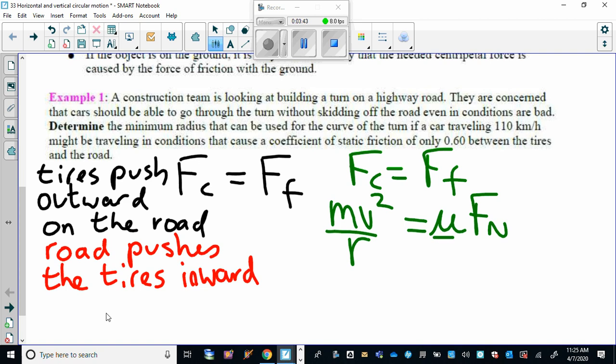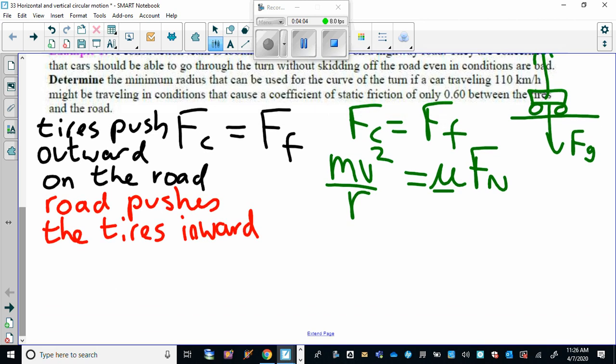We have the coefficient of friction. We need to know what Fn is. Well, if your car is on the road, here's your Fn. It's going to be equal and opposite to Fg because the car is not accelerating in a vertical direction.